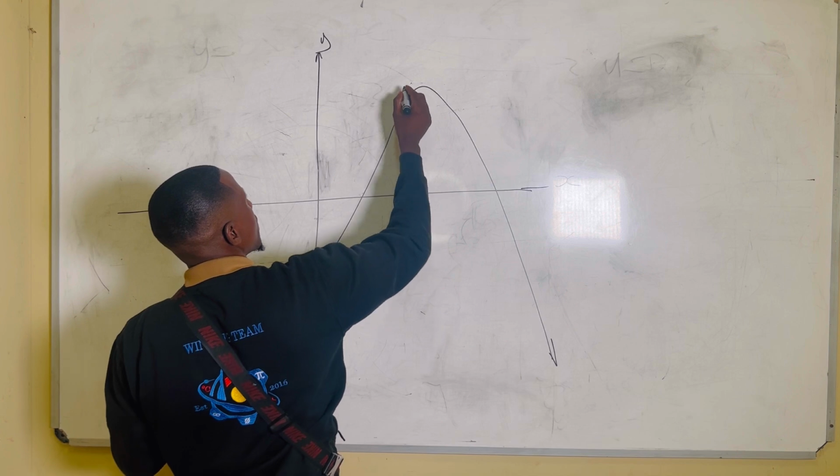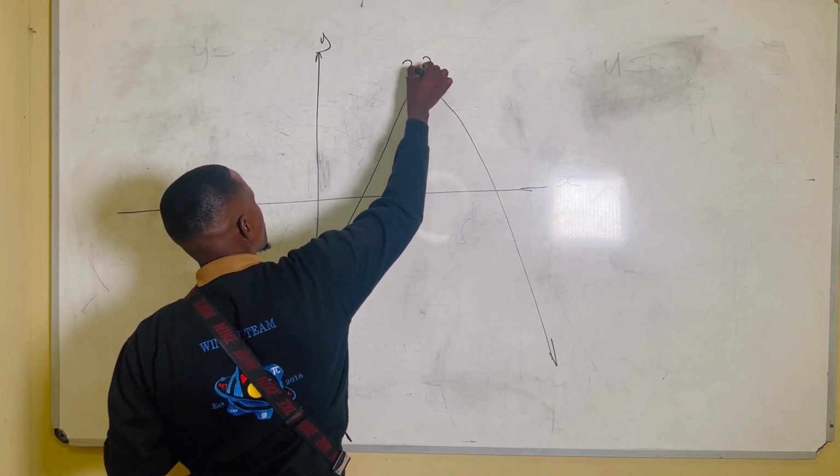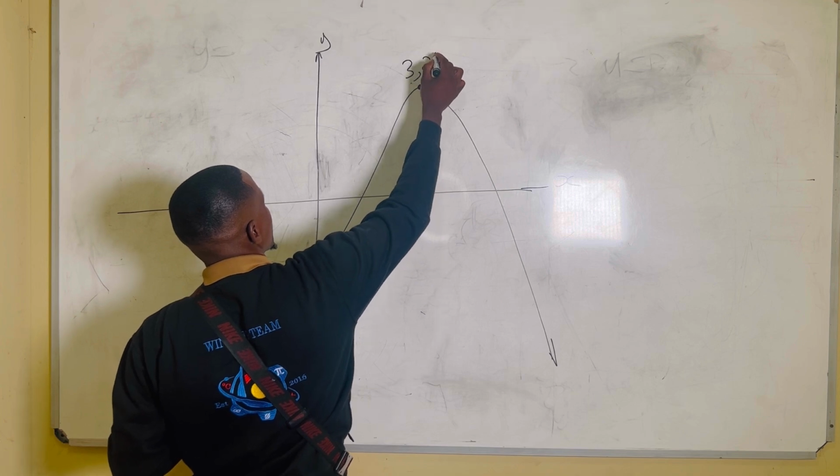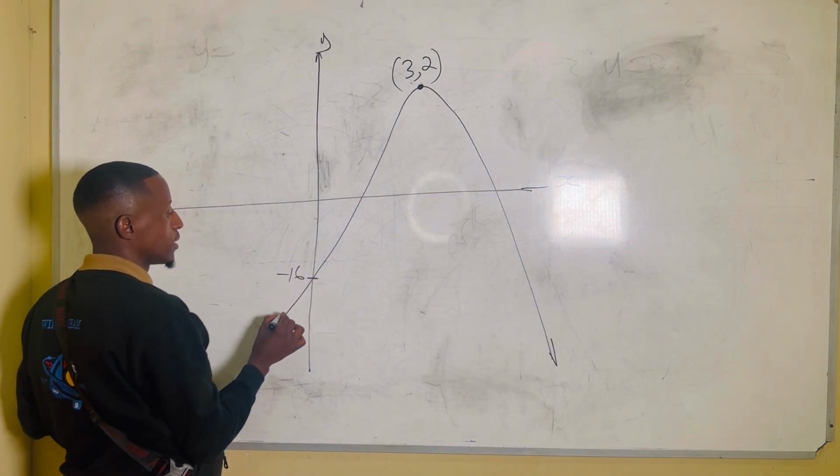Let's assume here we are having our turning point 3 and 2. This is our turning point. Then let's assume here we are given a negative 16.